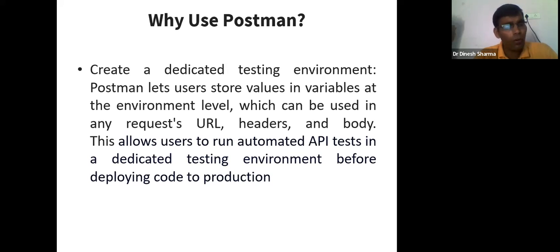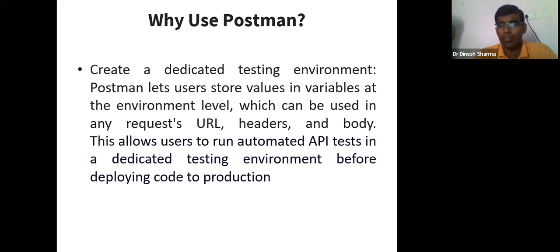Before hosting or publishing your application on the web server, first you have to check that all the things you are using in your application are working perfectly or not. So how can you check?